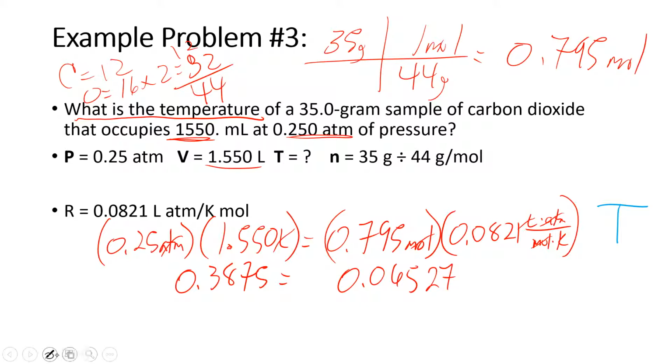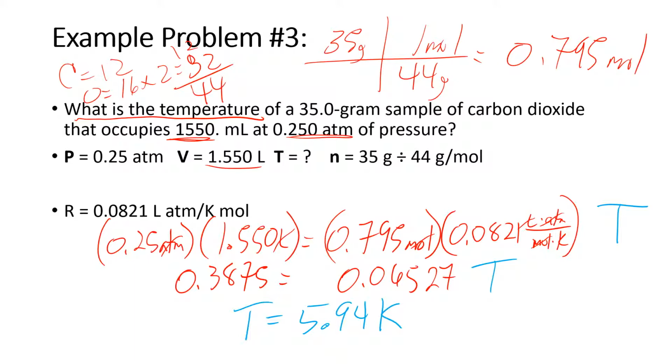And then that's going to be times T. So if we want to isolate that T, we got to divide both sides by the 0.065. So 0.3875 divided by 0.06527. T is equal to 5.94 Kelvin.